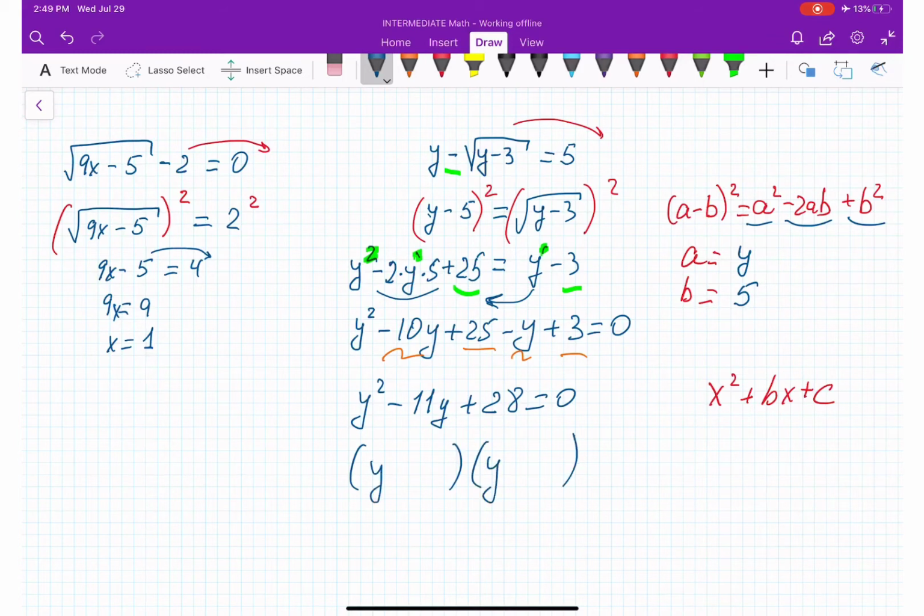Which two numbers multiply to get positive 28 and add to negative 11? It's going to be negative 7 and negative 4. Yes? Negative 7 times negative 4 is positive 28, and negative 7 plus negative 4 is negative 11.